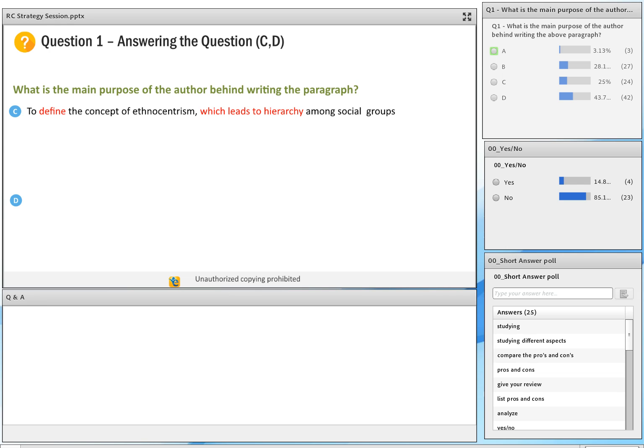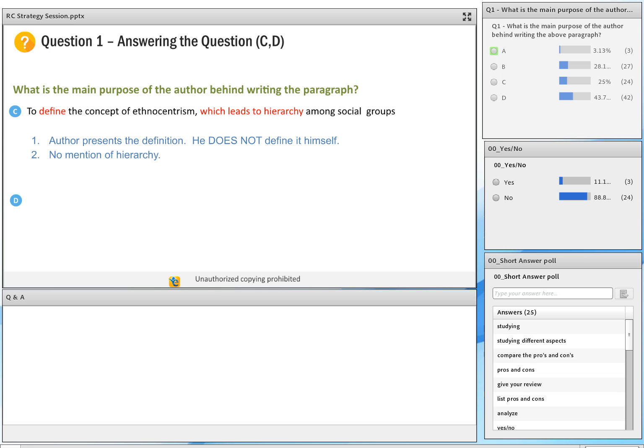And the answer is no, which means that wasn't the main purpose of the author behind writing this paragraph. So that is one big reason why choice C is wrong. The other thing is which leads to hierarchy among social groups. Again, just because there's that word subhuman in the passage, that's what this answer choice catches on to, so people who are reading simply at the surface are going to select this particular choice.